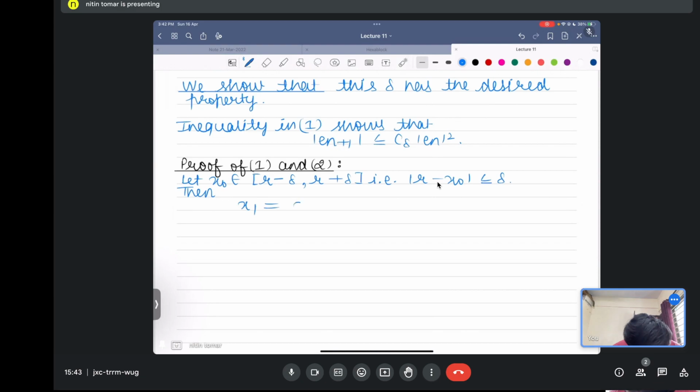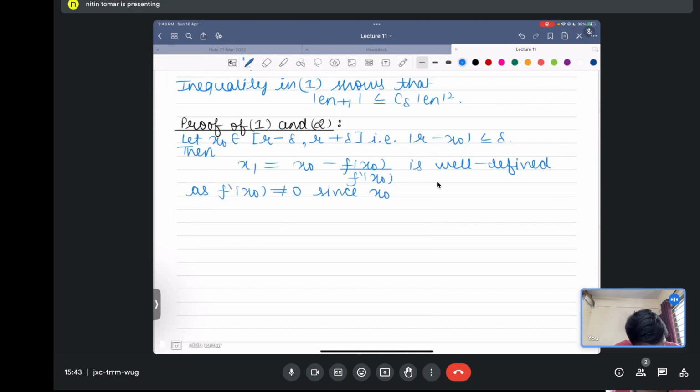So x1 will be x0 minus f of x0 by f prime x0, and this is going to be well defined as f prime x0 is non-zero since x0 belongs to the interval r minus delta to r plus delta, on which f prime x is never 0. Correct? So x1 is well defined.